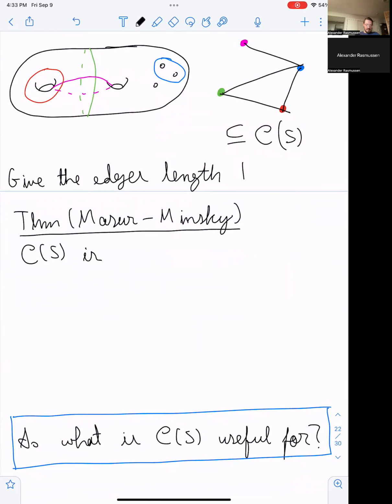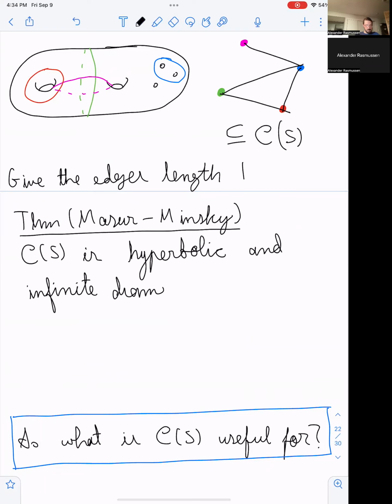So this is the fundamental theorem of Masur and Minsky. The curve graph is hyperbolic and its diameter as a metric space is infinite. Great.